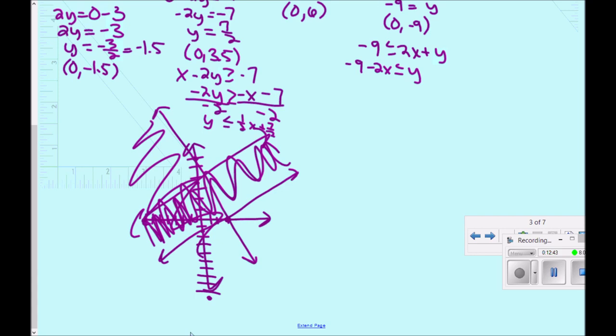And we said negative 4.5, 0. Right about there. And we said above.